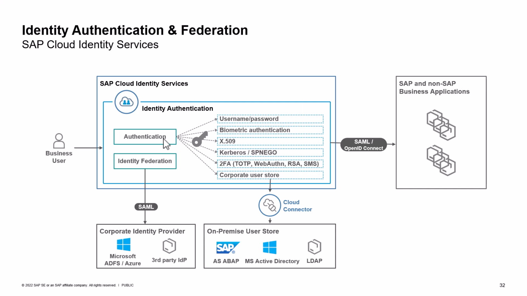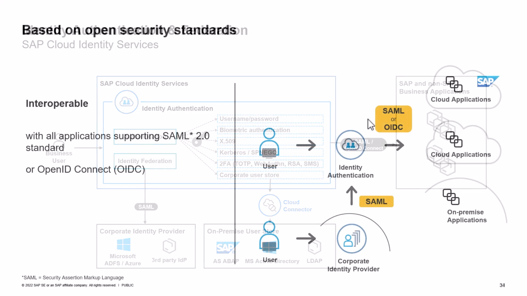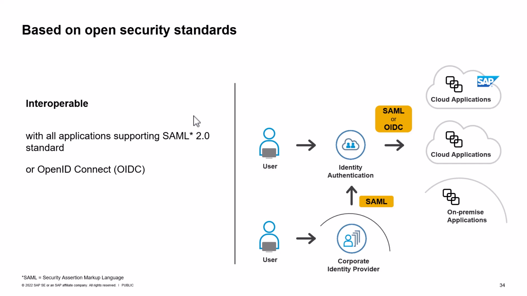Or the identity authentication can delegate the authentication to your corporate identity provider. So if you have Microsoft Entra ID, or Okta, or Ping, your corporate identity provider can do the authentication, and then the identity authentication can let the user access the application. Now, the Identity Authentication Service supports both the SAML 2.0 protocol and also OpenID Connect.